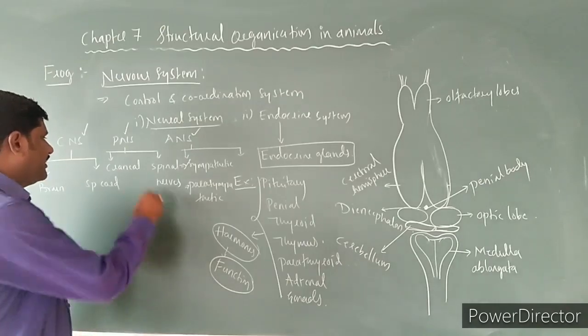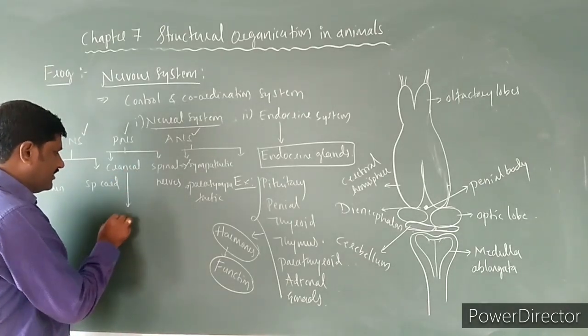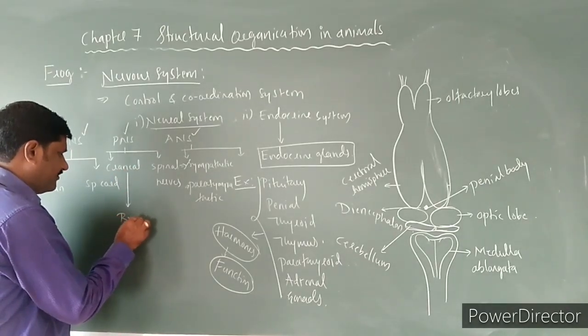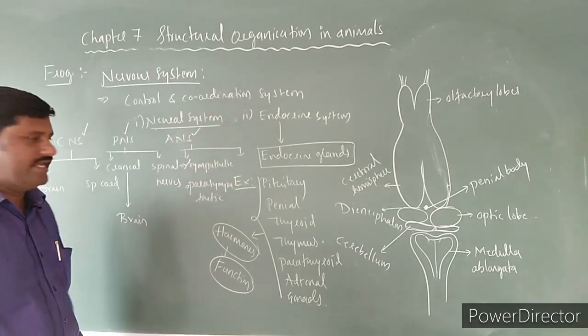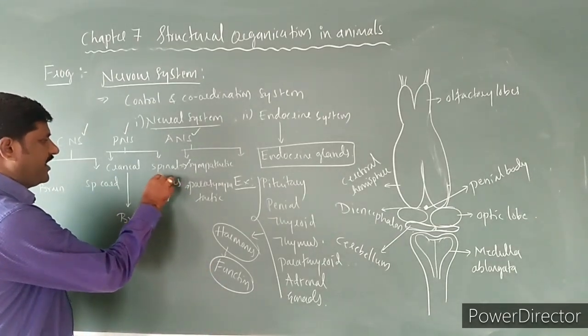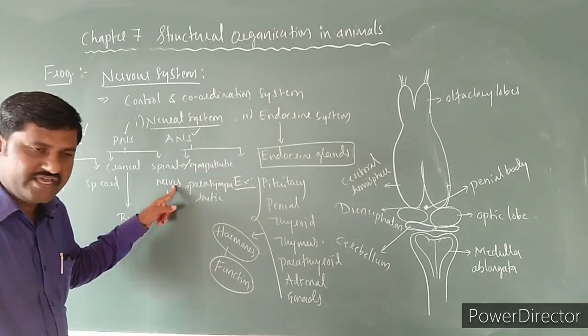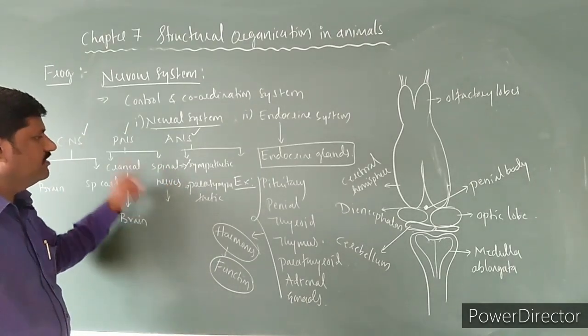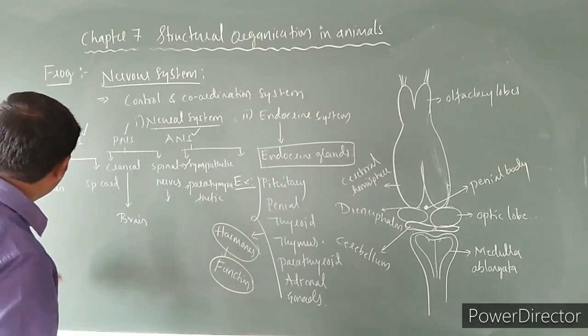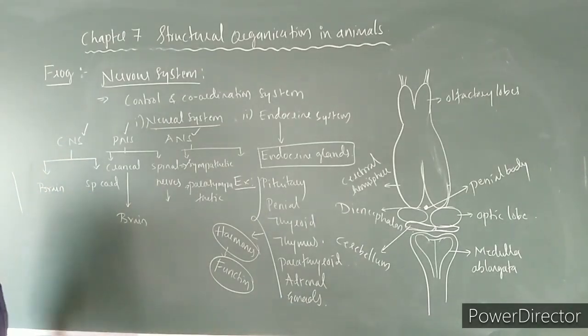Very important one. Cranial nerves are the nerves which arise directly from the brain, the cranium. The nerves which arise from the spinal cord are called spinal nerves, right? And brain as well as spinal cord.